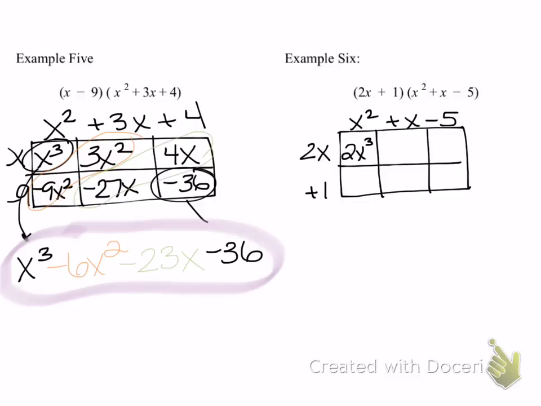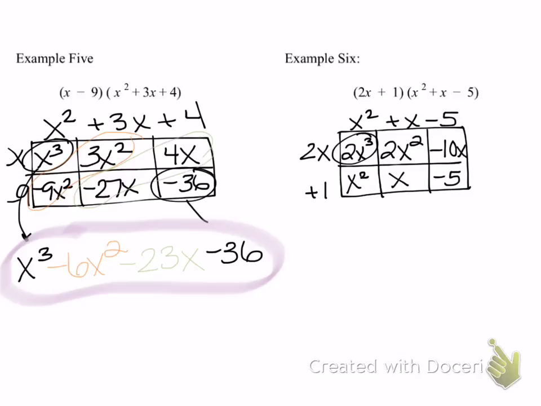And then I've got x times 2x, which gives me 2x to the second. Then I've got negative 5 times 2x, which is a negative 10x. Then I've got x squared times 1, which is just x squared. And I've got x times 1, which is just x. And then negative 5 times 1, which is just negative 5.